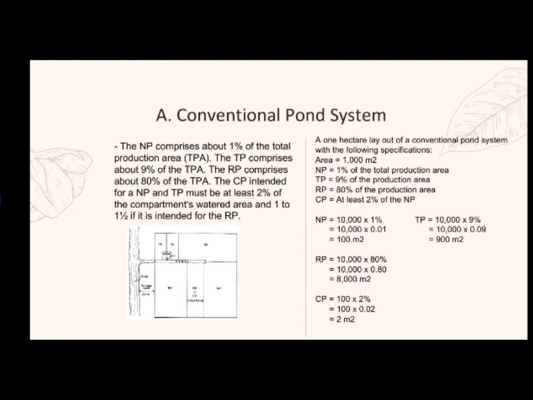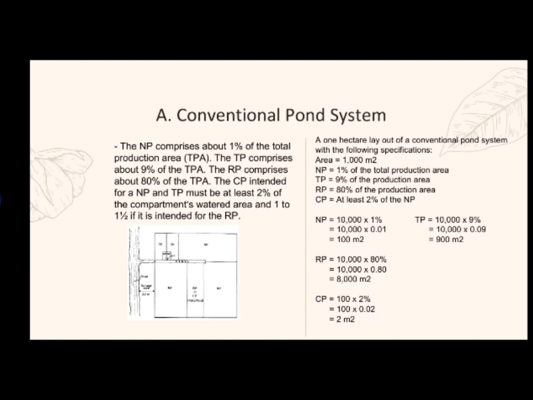So, let us solve first the nursery pond. Let's write the 10,000 times 1% of the total production area is equal to 10,000 times, let's convert the 1% into a decimal number. So, mahimo siyang 0.01. So, 10,000 times 0.01 is equal to 100 meters squared.